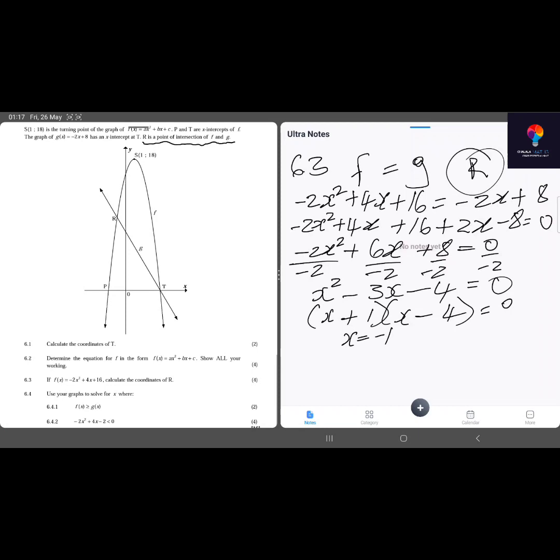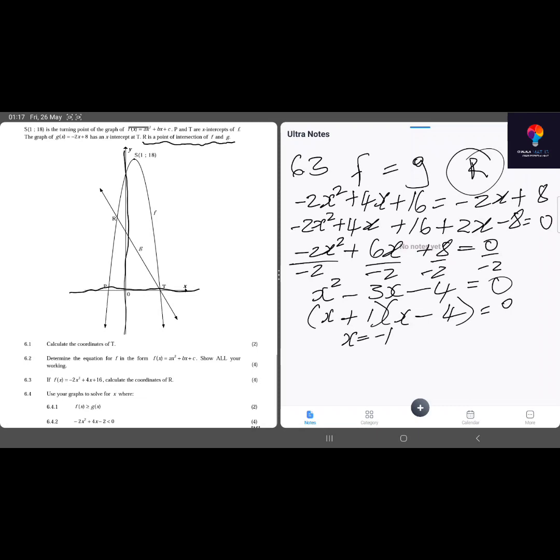But when we look at the graphs, the Cartesian plane, and where the point R lies, it lies on the left side of the 0.